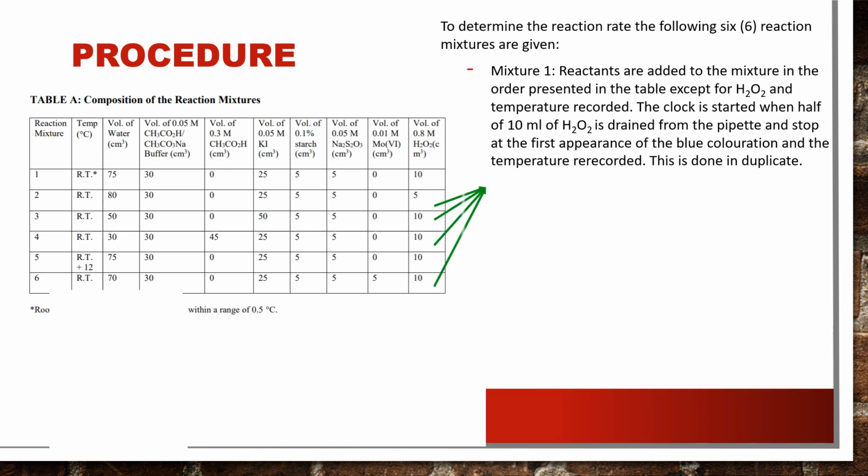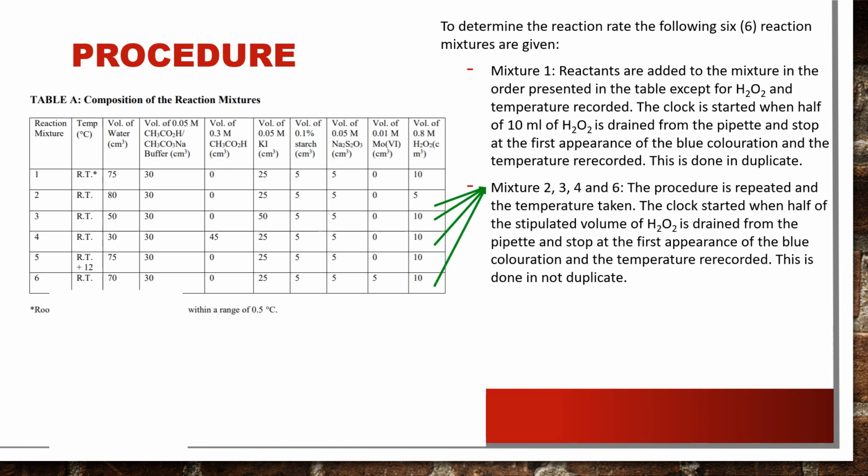For reaction mixtures 2, 3, 4, and 6, the procedure is repeated and the temperature is taken. The clock is started when half of the stipulated amount of hydrogen peroxide is drained from a pipette as done before and stopped at the first appearance of a blue coloration, and the temperature recorded. This is not done in duplicate, so the only measurement that you would have taken in duplicate is mixture 1.